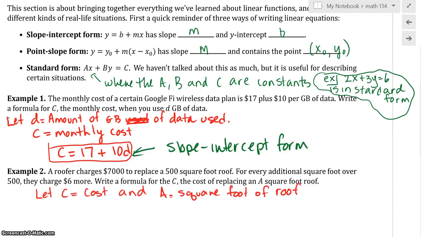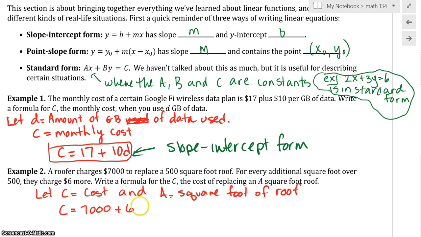Okay, so what's the cost? So this would be the initial cost still, the charge of 7,000. And this is still the slope. But now, whoops, I should put a 6 there. It charges $6 for each additional, so that is a slope, right?